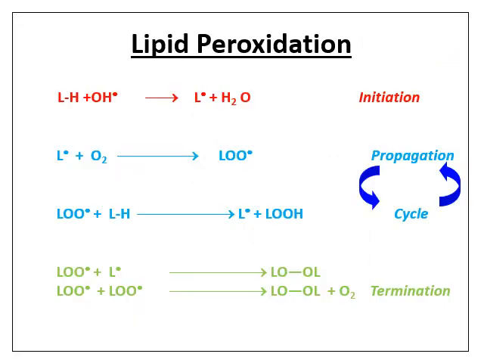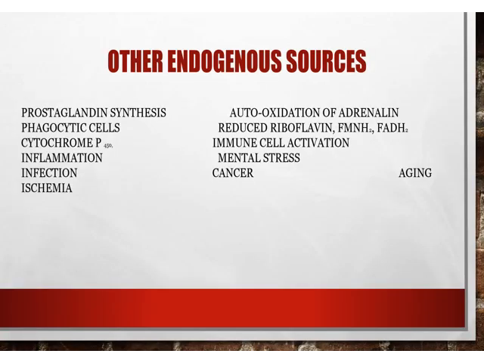Next is another mechanism of free radical production in the human body, that is lipid peroxidation. This slide will be explained later in the coming slides. Now, the other endogenous sources, like prostaglandin synthesis. The reactions are catalyzed by cyclooxygenase and lipoxygenase, which lead to the formation of hydroxyl and peroxyl radicals. Phagocytic cells, which we have already explained.